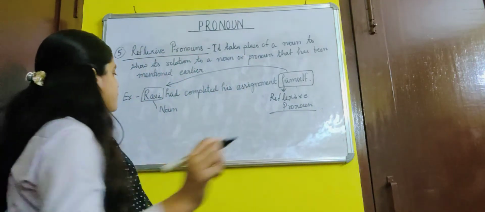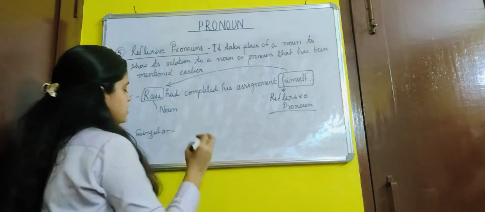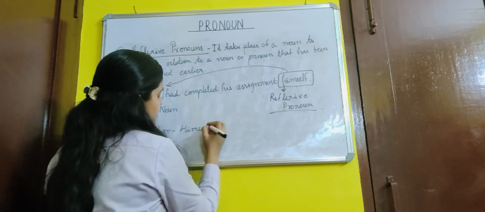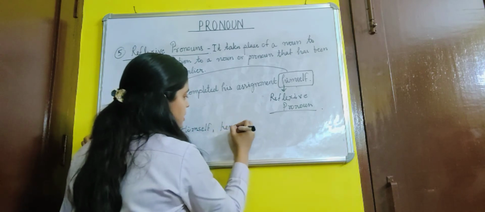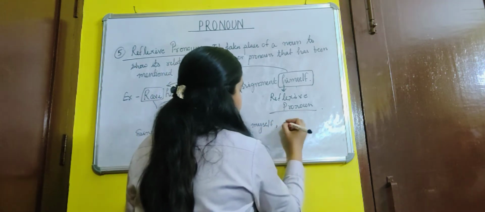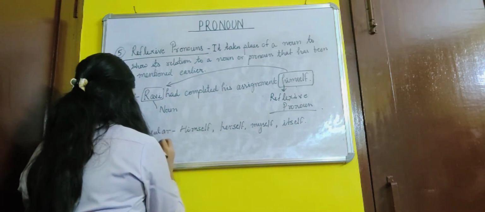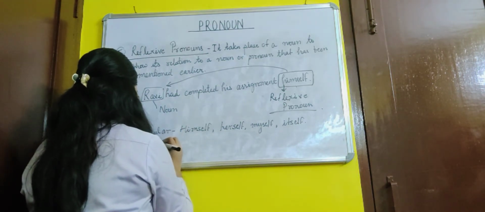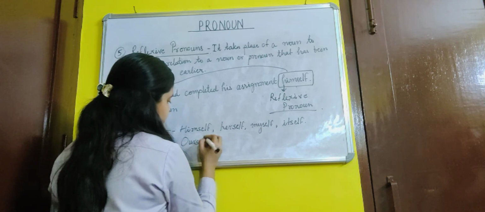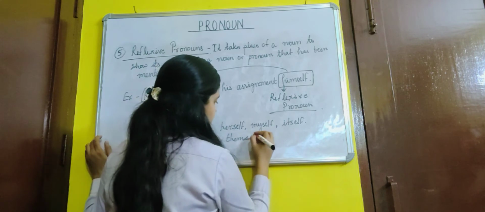Okay, so for singular we use himself, herself, myself, itself. Okay, and with plural nouns, we use ourselves, themselves.